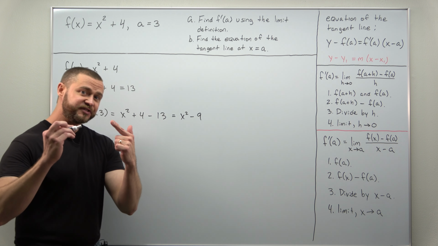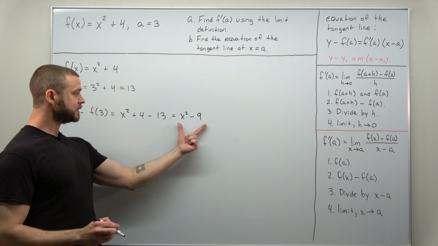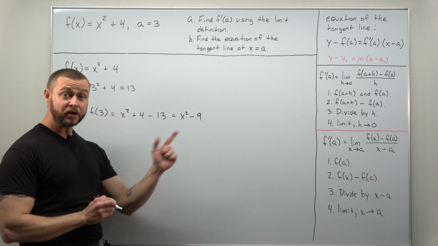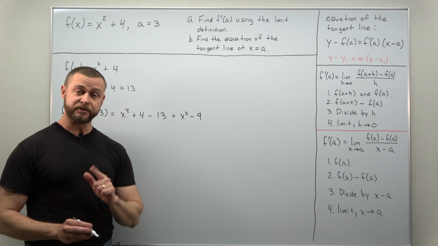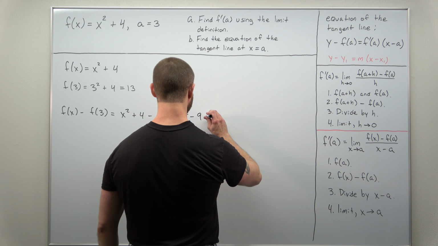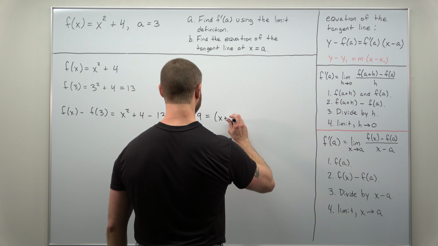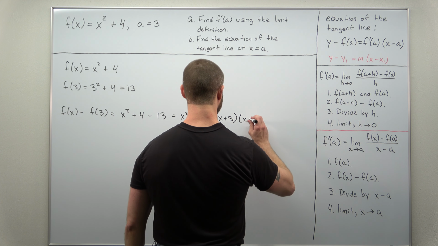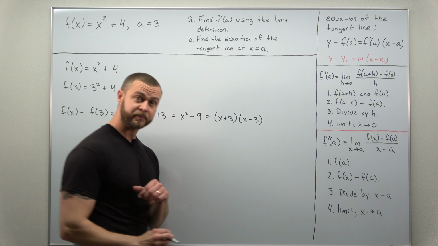Now, this one might seem easier and faster, since this is pretty easy to factor, since it's a difference of squares. You've probably factored this like 1,000 times already. That will factor as x plus 3 times x minus 3.